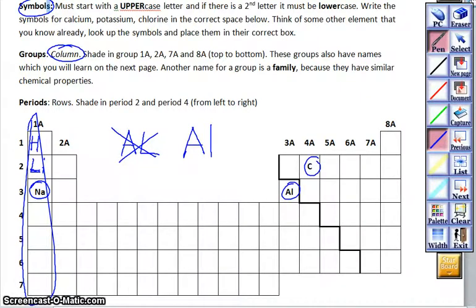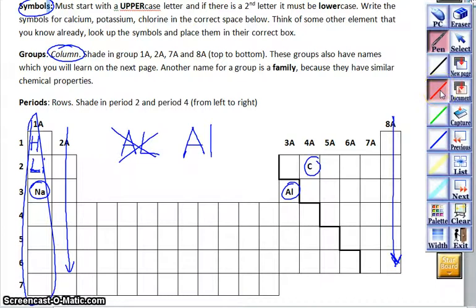We're going to use the 1A, 2A, 3A. This is group 1A, and this one actually has a name. We'll talk about it in a little bit. And group 2A. Groups are columns, they go down. This is group 8A. It's really important because there are trends in these groups. For example, all the elements in group 8A tend to have similar characteristics.